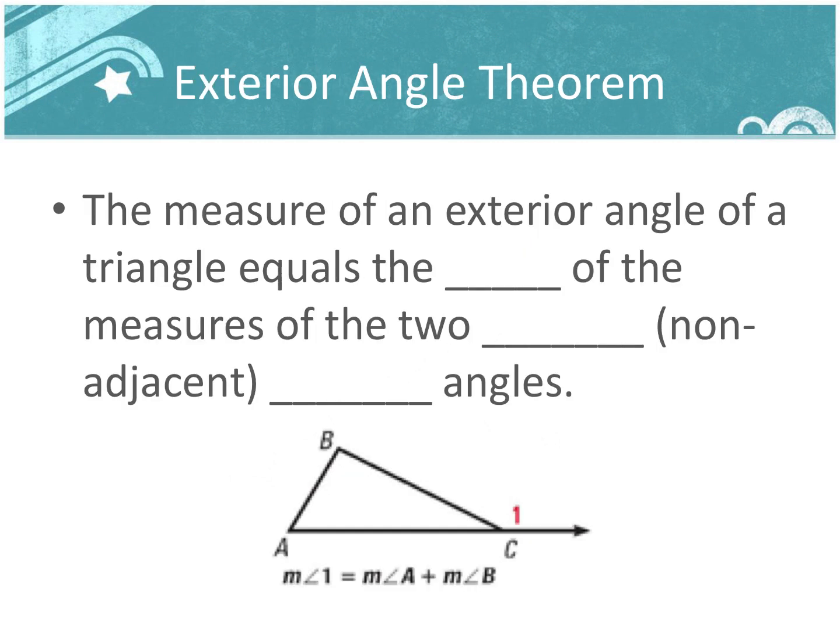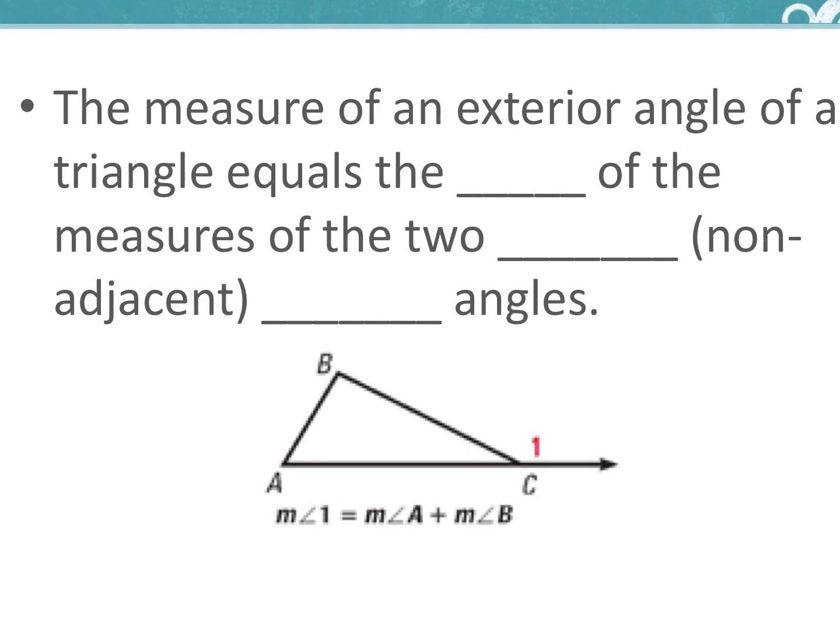All right, looking at the next one, exterior angle theorem. Okay, we're getting into theorems. You have to know your theorems. The measure of an exterior angle of a triangle equals the sum of the measure of the two remote, which is non-adjacent, interior angles.